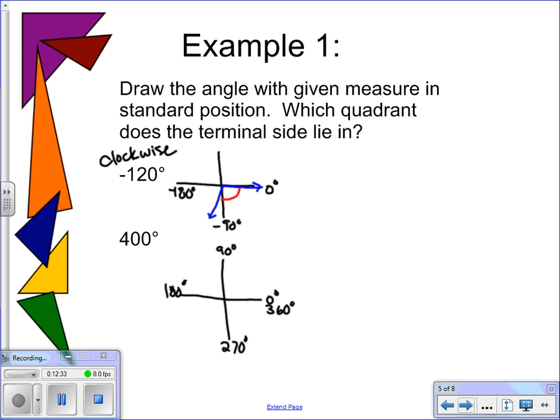In algebra, we can wind around that coordinate plane as many times as we want. So once you make one full revolution, you've got 360 degrees. What if you add another 90 to that? Then you're at 450.